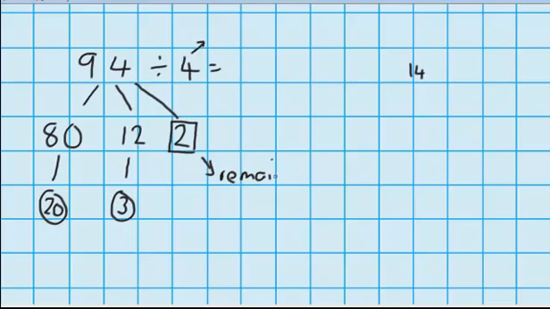They're the bits left over that can't be shared out evenly. So to answer the question, 94 divided by 4, that means I can share 20 plus 3, which is 23 items into every group. 23 items, and I will have 2 remainders.